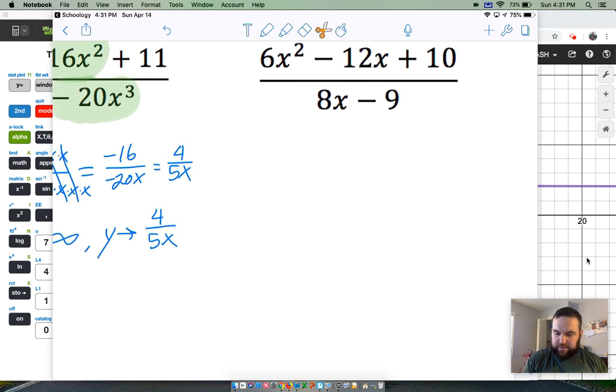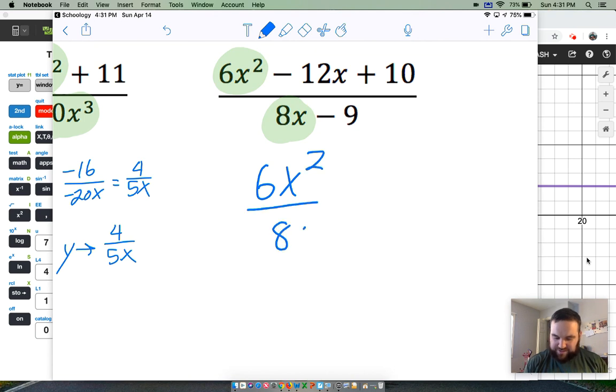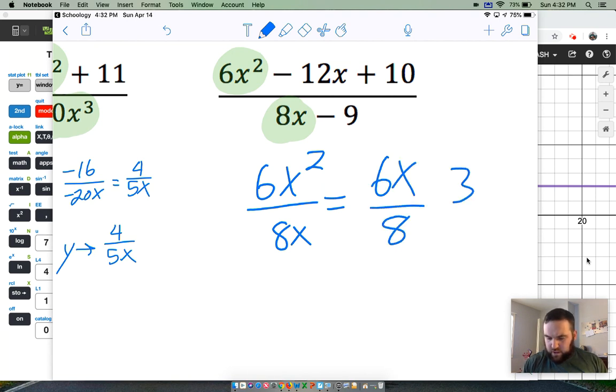And then finally, we have this last one. I have 6x squared on top and 8x on bottom. So if I simplify this function down into just this, and again, I can only do this because I'm looking for the end behavior. Any other time, you can't just ignore all the other stuff. You have to include what's going on there. Here, one of the x's on top will cancel the x on bottom. So I'd have 6x over 8. The 6 and 8 can be reduced by 2's.